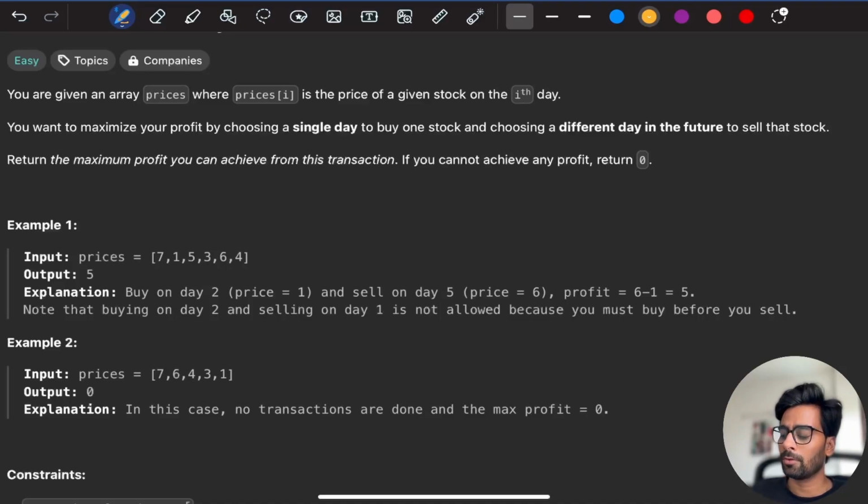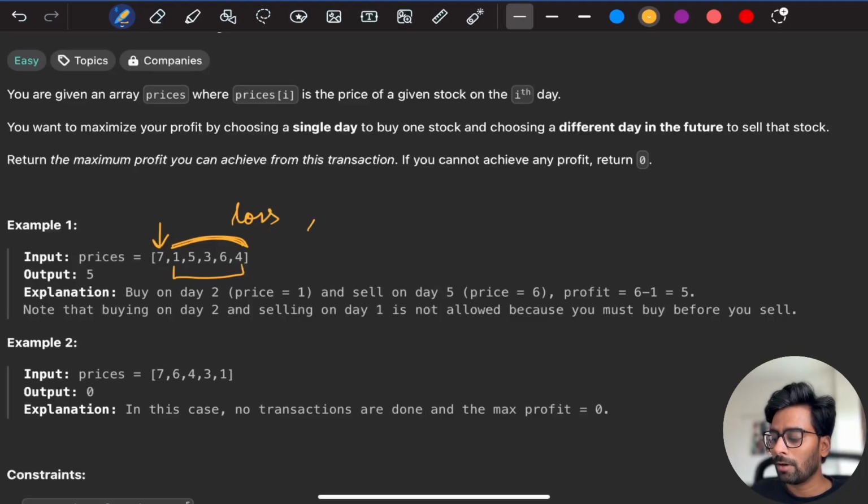This is a brute force approach where I can fix the buying price, let's say 7 here, and then in the rest of the price array, I will look for the best selling price I can get. For 7, I don't have anything higher. Whatever price I select from the rest of the array, I will get a loss. So buying at 7 is not giving me any answer.